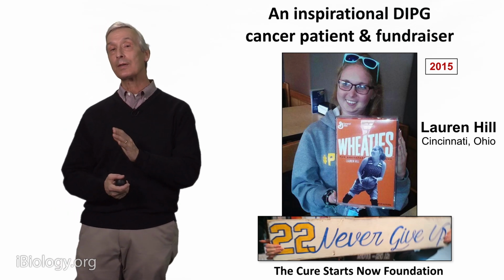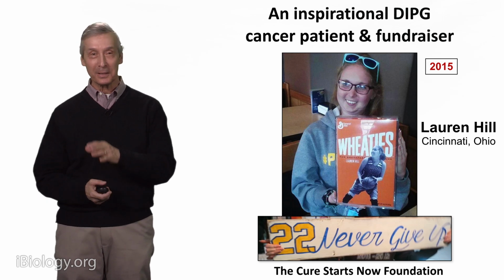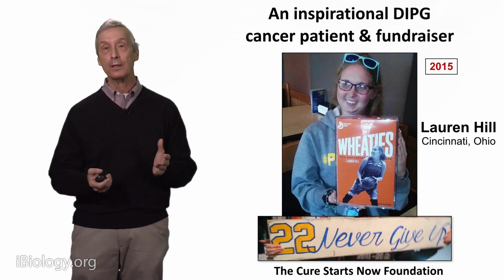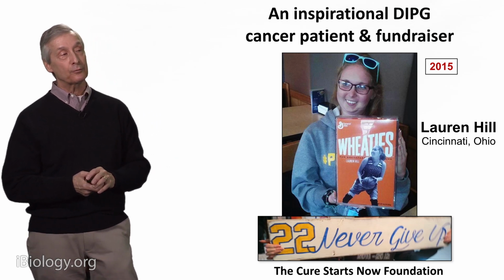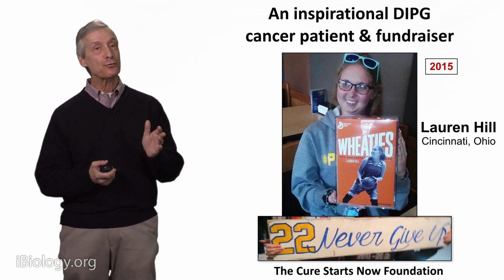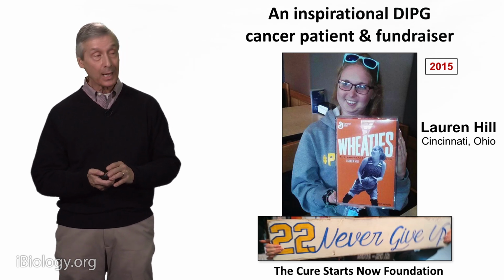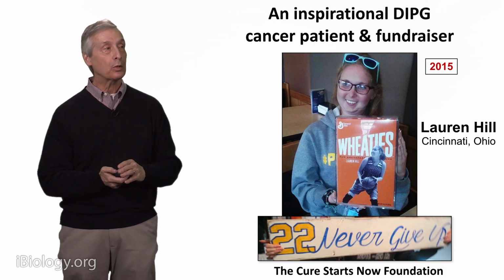What she wanted to do more than anything else before she passed was to shoot a college basketball hoop for her team, and she actually did that and raised an incredible amount of money, over $1 million, for a cause called The Cure Starts Now. So it was a very inspiring national sports story where a woman died from DIPG, albeit at an older age than normal.